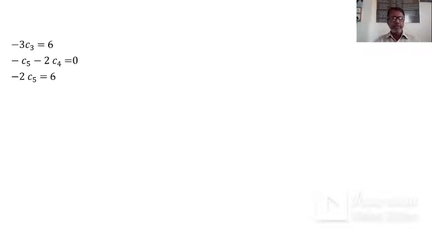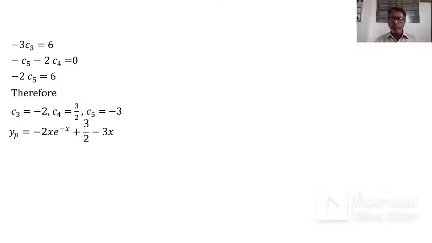This means we get these three equations: minus 3c3 is equal to 6, minus c5 minus 2c4 is equal to 0, and minus 2c5 is equal to 6. Therefore, from this, c3 is equal to minus 2, c5 is equal to minus 3. Substituting here, we obtain c4 is equal to 3 upon 2. We substitute these values in yp.